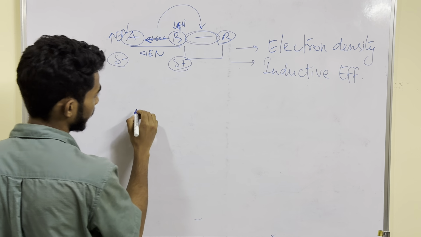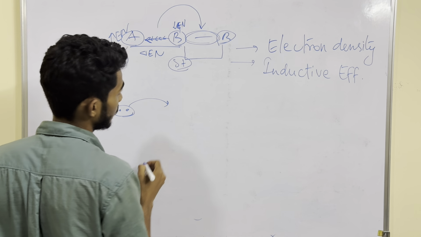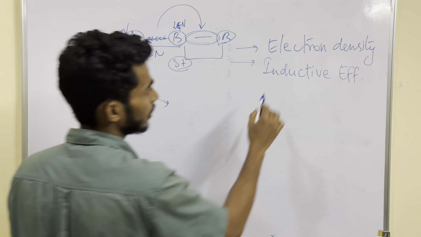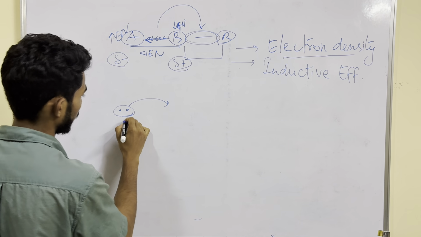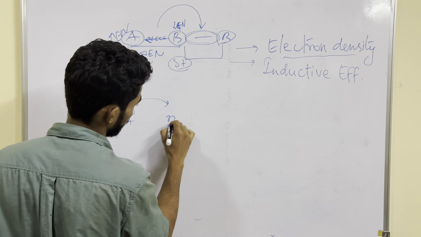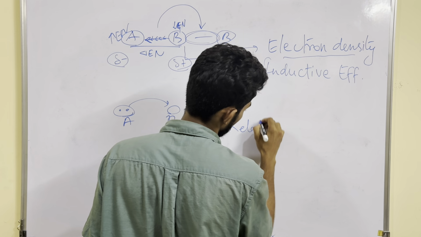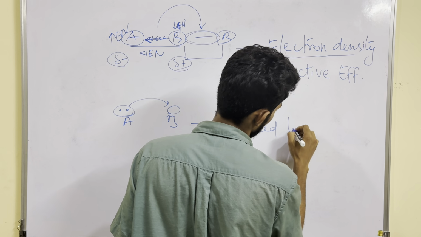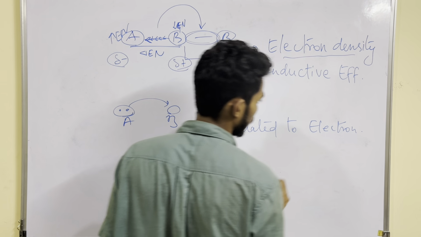In the mesomeric effect, direct transfer of electrons will take place. So the inductive effect is related to electron density, but the mesomeric effect is related to electrons.